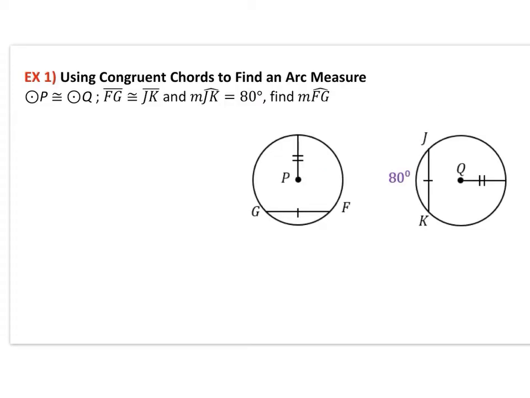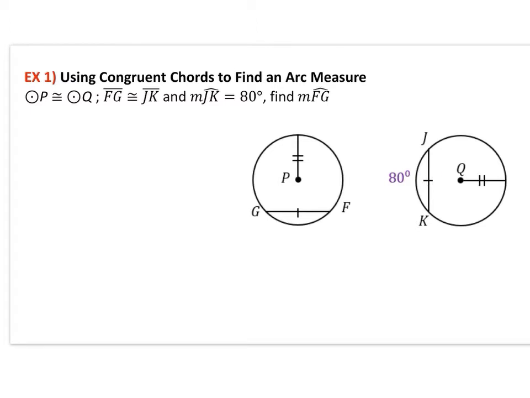So let's take a look at our first example where we want to use congruent chords to find an arc measure. So here we're given circle P is congruent to circle Q. So what that means is that our radii are congruent. And we have two matching double marks for each radius of circle P and circle Q. Then we're told that segment FG, which is a chord, is congruent to segment JK, a chord in the other circle.